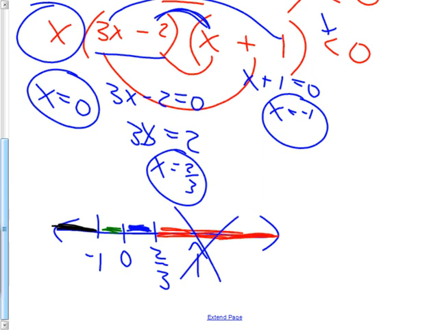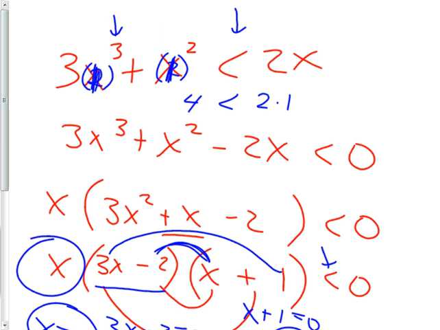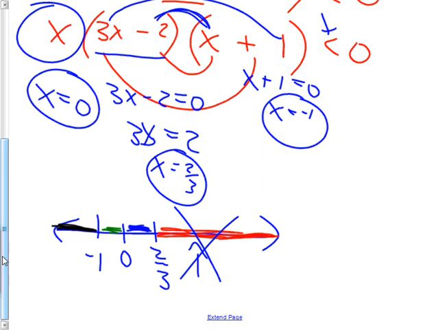And you just keep testing little parts. Now I got to find something between 0 and 2/3. That's a pain. Like 1/3. I could do that. So I go stick in a 1/3 right here. What a pain. It wouldn't be that bad on the test, but you'd have to test each little interval, including if it's a decimal. I think there might be one like that, where you have to test something between 0 and negative 1.